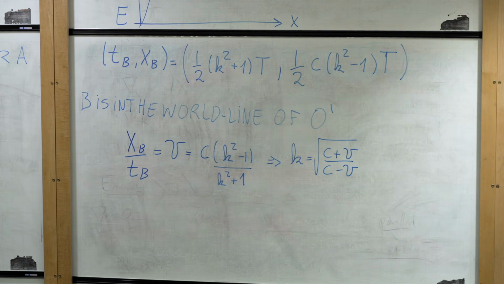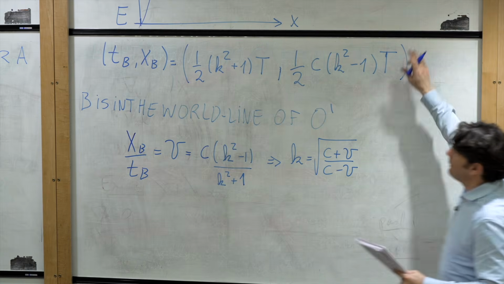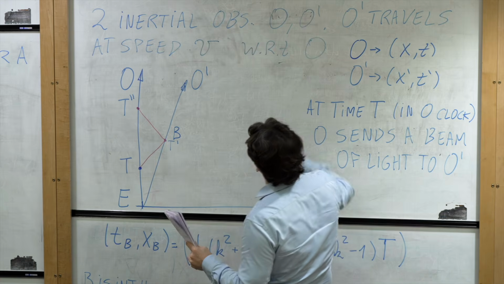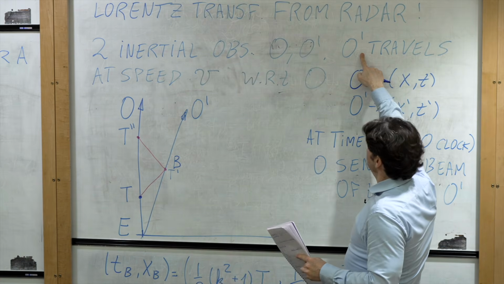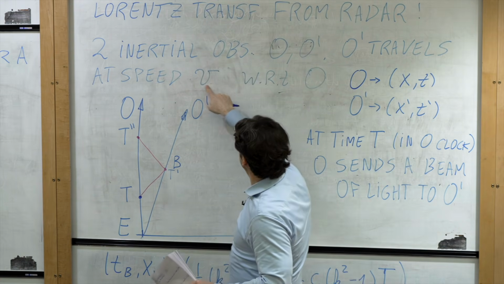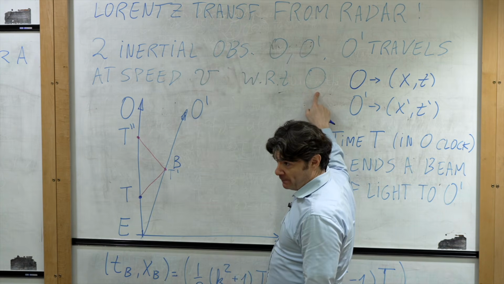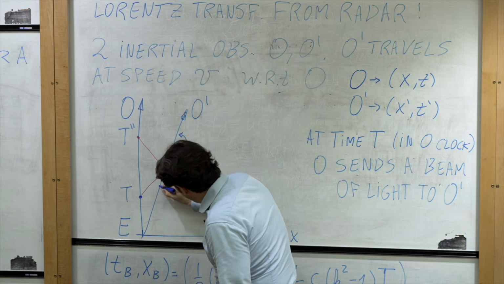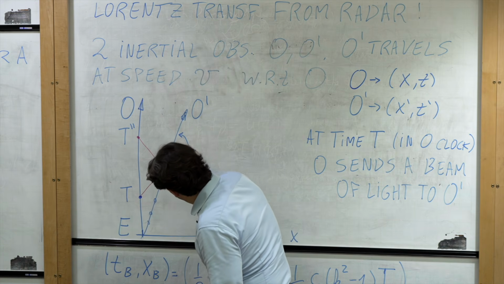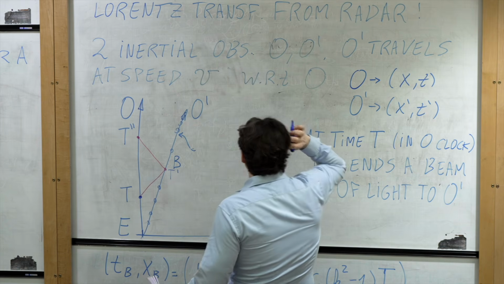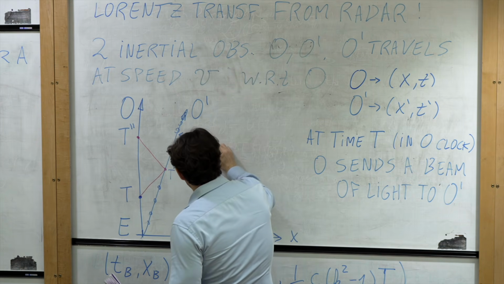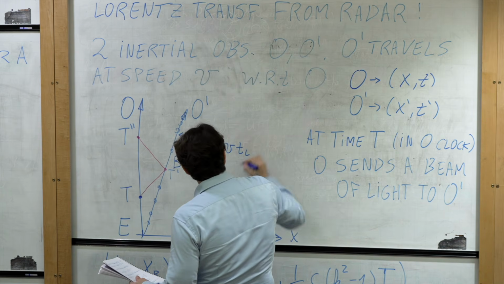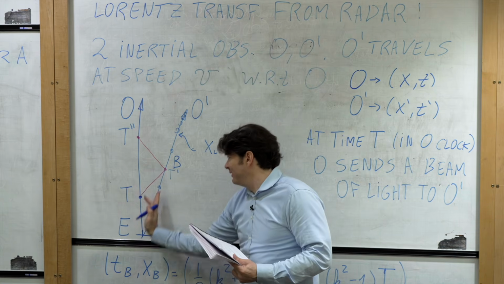Could you just go with it? XB over TB again? Yes. So we are assuming that O prime travels at the speed v with respect to O. So that means that the equation of this line, for any point of this line, is basically that x in this line is v times t, because this is what this line is.